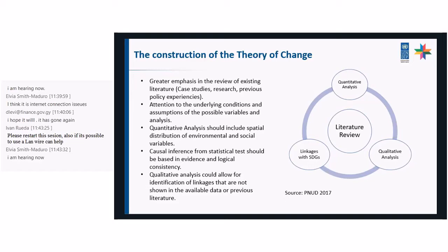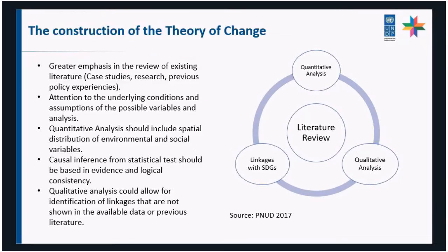So it's really important for us to analyze not only what type of data we have and which sources of data we can analyze, but also the greater literature review and all the previous research, experts and all the other information that we can, so we can construct a solid theory of change based not only on the numeric data that we might or might not have, but on strong and robust relationships that are supported by other types of sources.